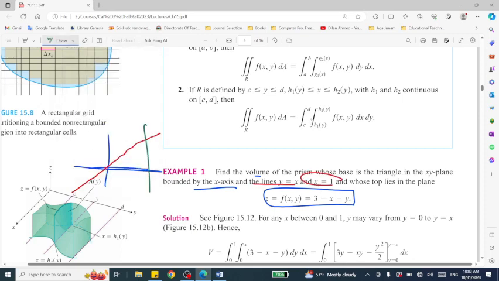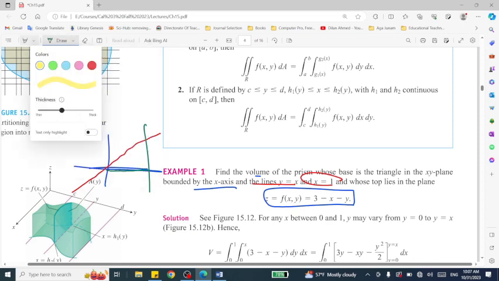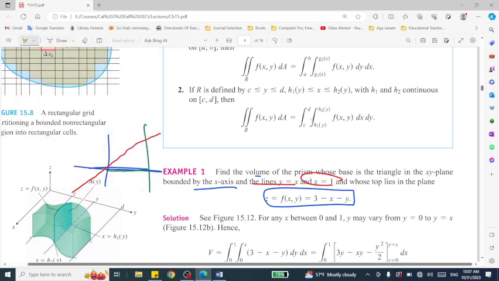You can see your region is this triangle. Highlighted, your region is here. So find the double integral in this region. Is the question clear?